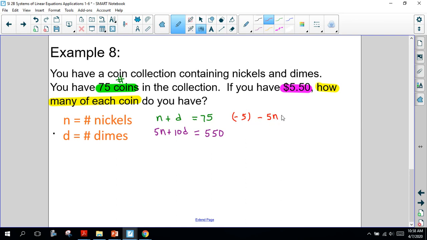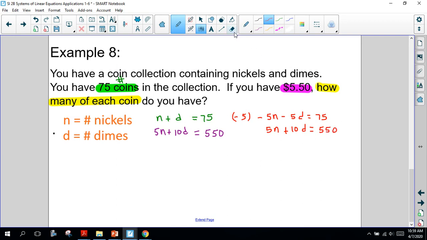So -5n, -5 times d is -5d, and that is equal to 75. The next equation is just going to come over as is. 5n is going to eliminate with the -5n in just a moment, plus the 10d is going to come down, and that's equal to 550.